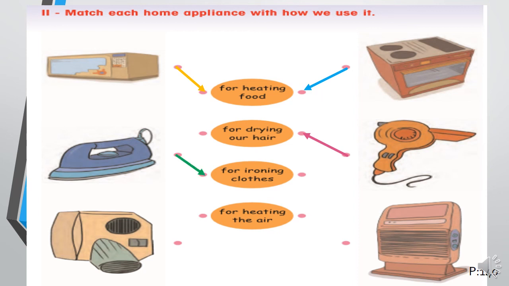Excellent. Now, for heating the air, we have two things as you see. We have the electric heater and the gas heater. So these are the home appliances and how we use them.